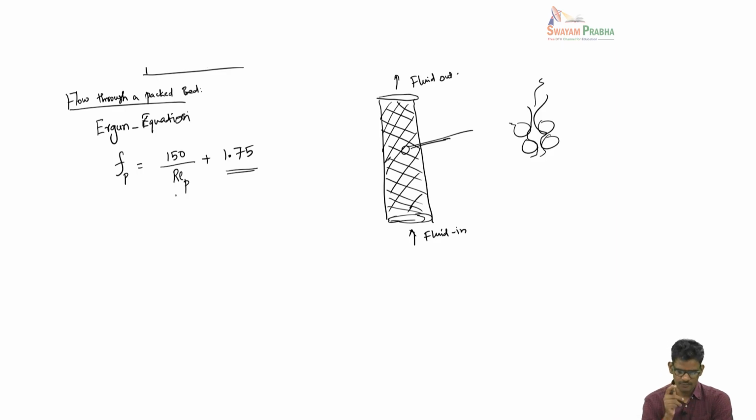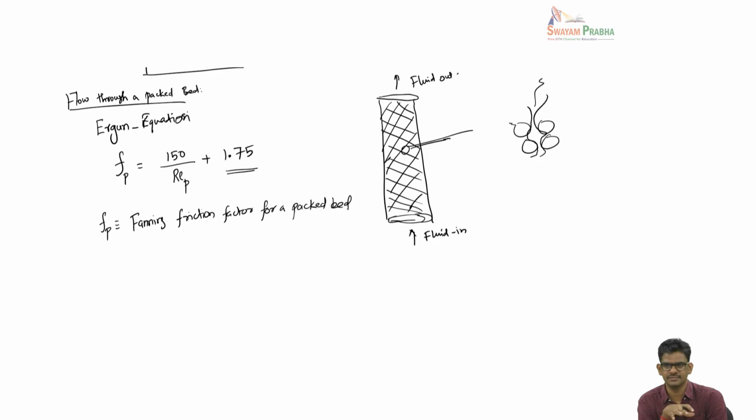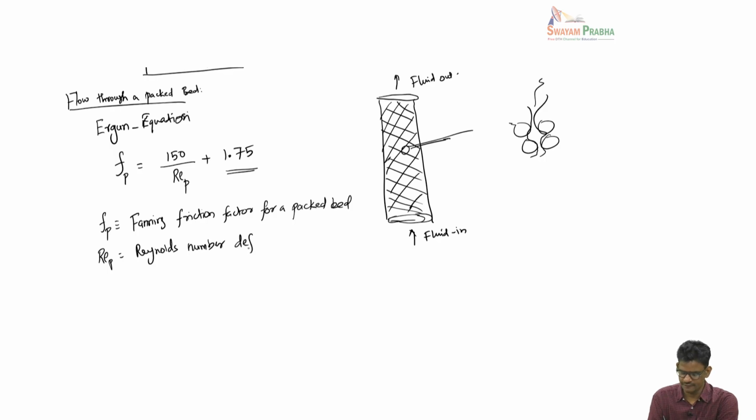Okay, so now this f_p here is the Fanning friction factor for a packed bed. This is defined differently than the Fanning friction factor that we saw in the previous model. And similarly, this Re_p is the Reynolds number defined for a packed bed.